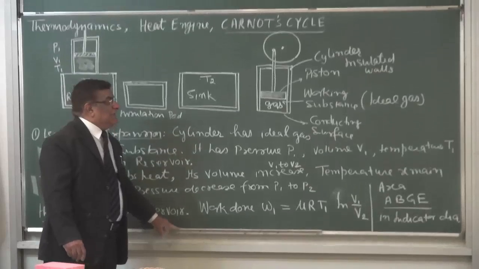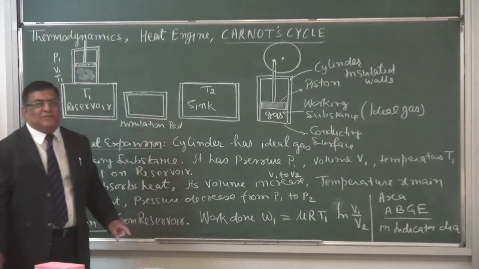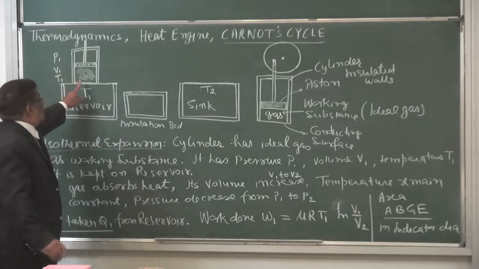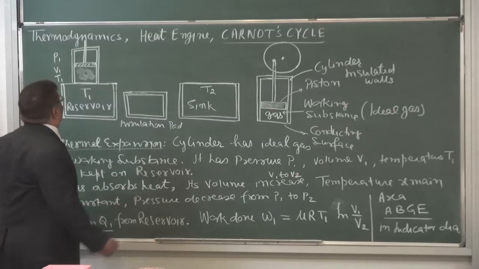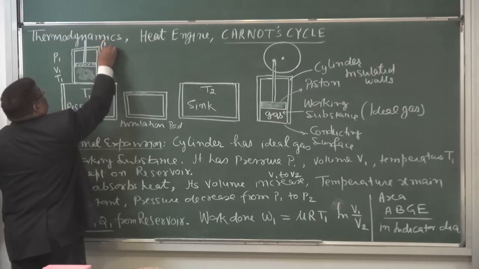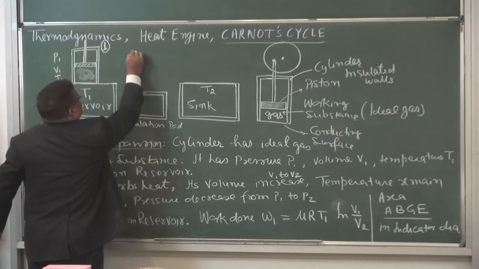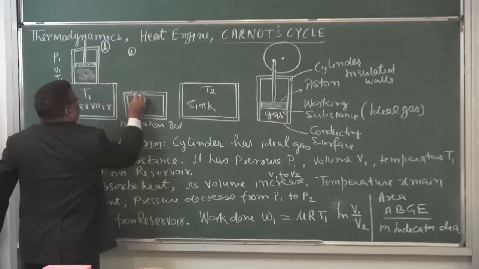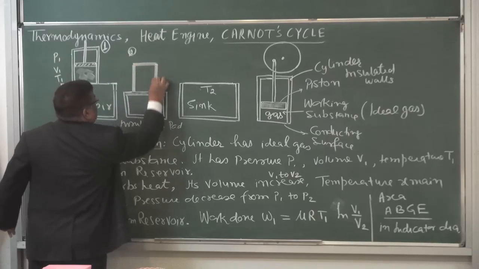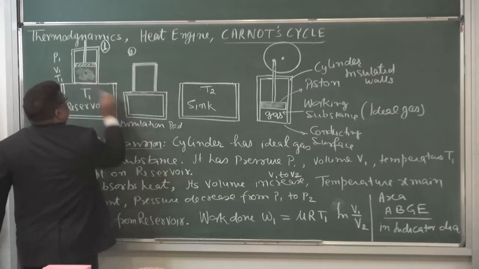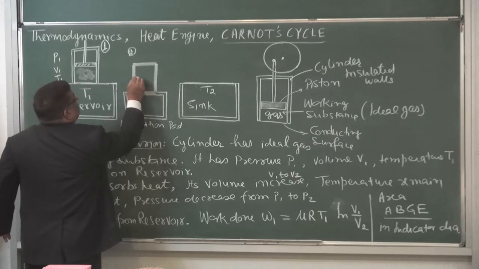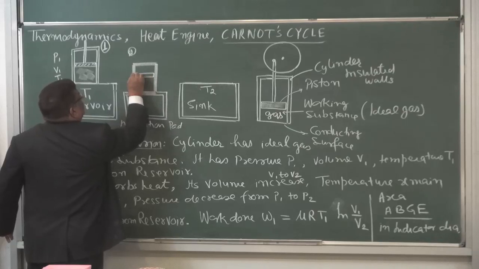To show that there is an adiabatic expansion, in the second step, we take our working substance to the insulation pad. So this was step number 1. As step number 2, we are keeping this cylinder on the adiabatic pad, and here is the piston.